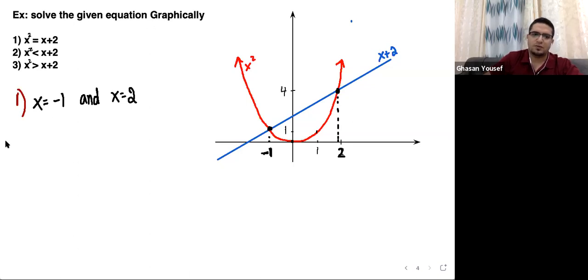Now number 2. Who will do number 2? When x squared is less than x plus 2. In other words, when the curve x plus 2 is above x squared, when the blue one is above the red one.